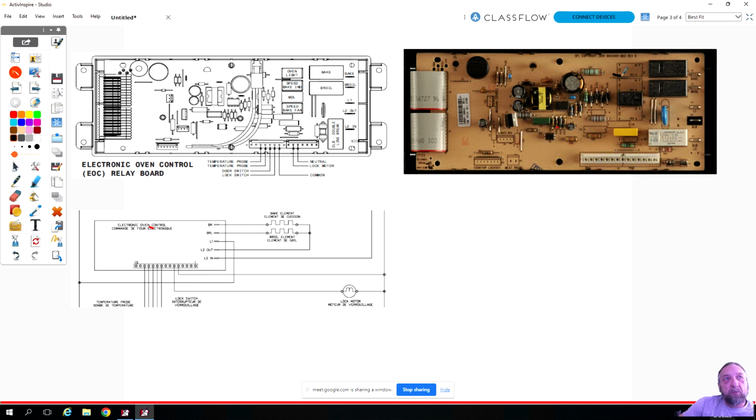But I said here we have a relay, right? What is that relay? Look at the schematic that I gave you. If you could look at the picture on the screen, see if you can figure out what that relay is. If we look at the picture here to the left of the board, the top one here is bake, so this one is bake.